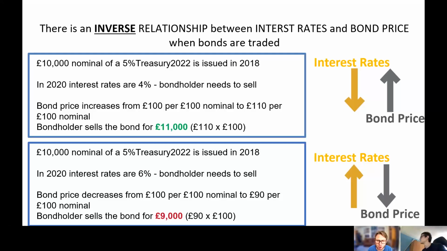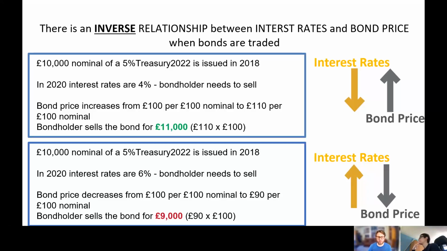So we're the bondholder, we hold that bond. If in 2020, 2 years after it's issued, we now want to sell it, we want to get rid of it, but interest rates are now at 4%. So if you compare that to the coupon of your bond, it's 1% less.